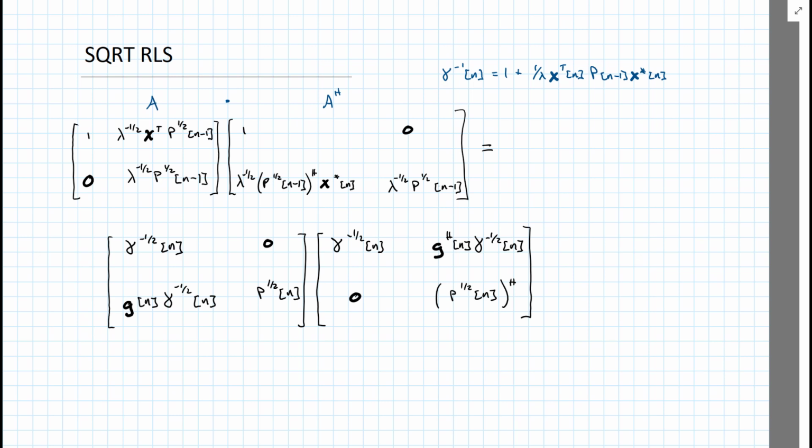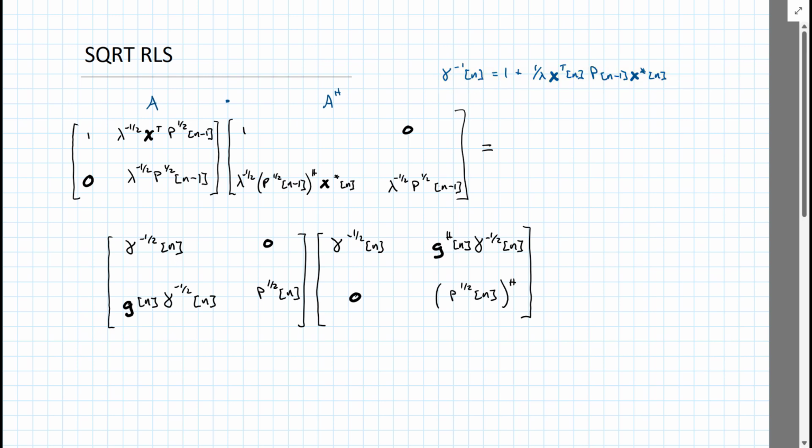And then we have x transpose times P to the 1/2 times P to the 1/2 Hermitian. That will give us a P, and times x transpose n. So that gives us exactly this expression up here.